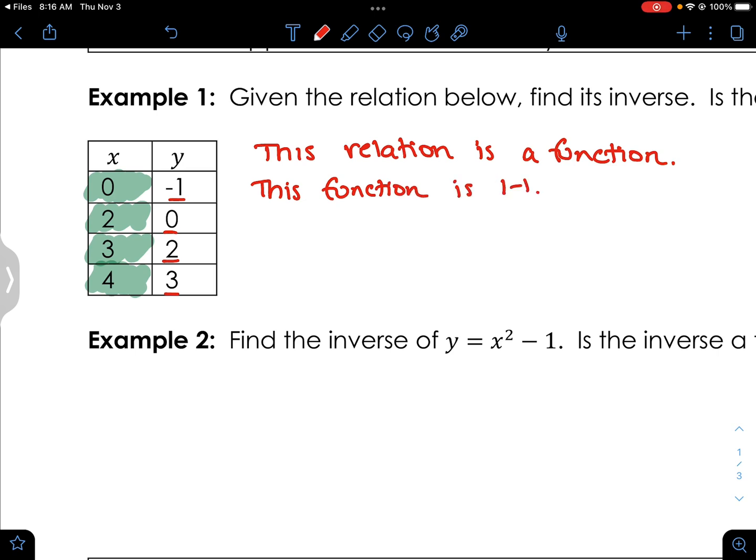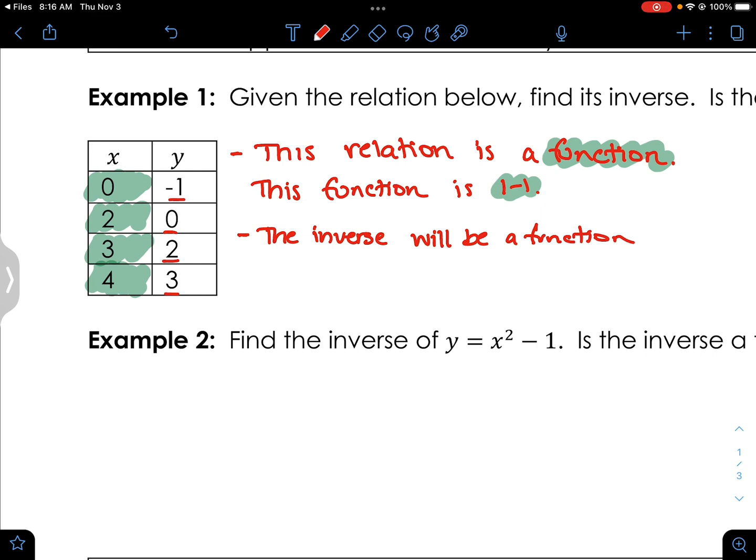And because this is a one-to-one function, then we know that the inverse will be a function, which means that it will pass the vertical line test.